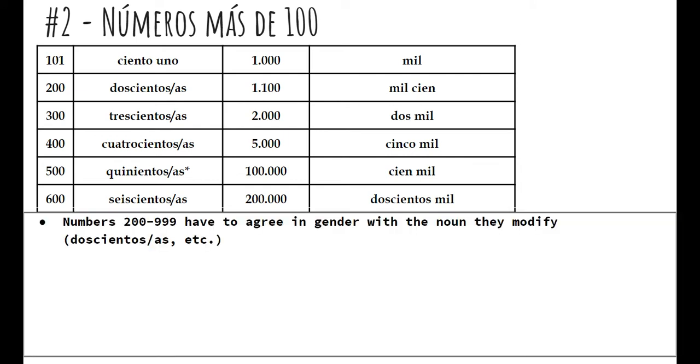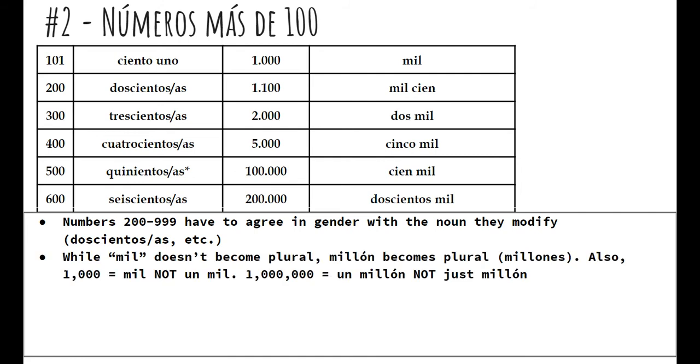Now, a couple things here. Numbers 200 through 999 have to agree in gender with the noun they modify. So doscientos or doscientas, for example. Now, while mil doesn't become plural, it doesn't turn to miles or something like that, millón becomes plural, as I mentioned, becomes millones.